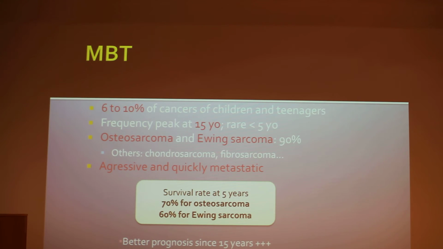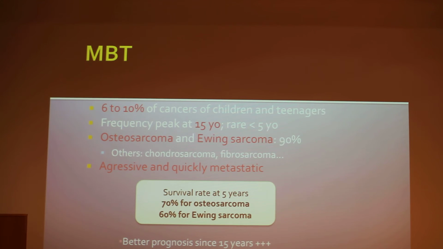The frequency peak is during teenage age, and osteosarcoma and Ewing sarcoma represent 90% of all. We don't want you to perform a histologic diagnosis. We want you to describe it as malignant, and this is the pathologist's job to give us the clues about the specific tumor.